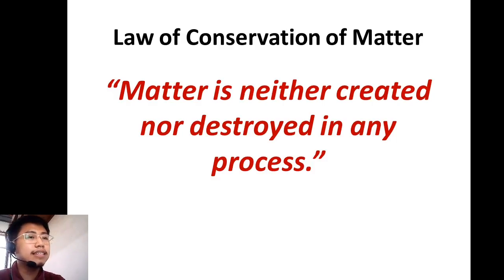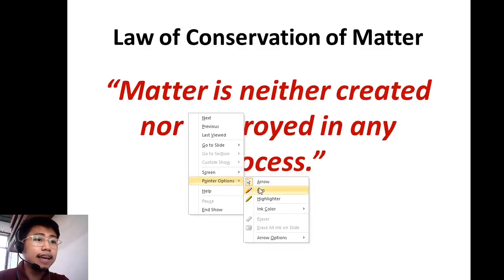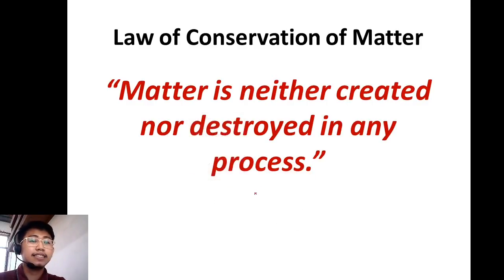What about this one? Even though matter undergoes chemical change that causes it to have a new identity or characteristic, according to the law of conservation of matter, matter is neither created nor destroyed in any process. What does this mean? It simply means that matter cannot be created. It must come from one type of matter.